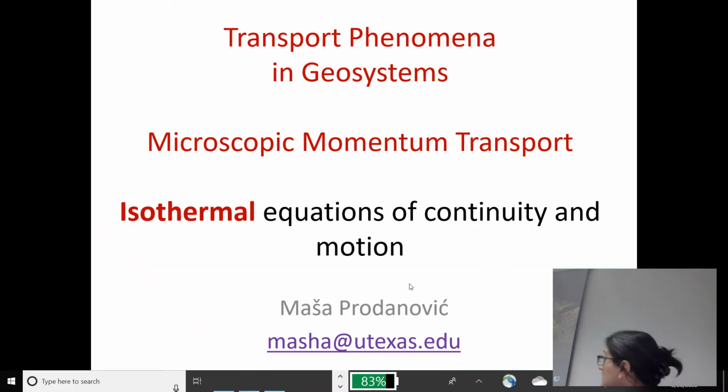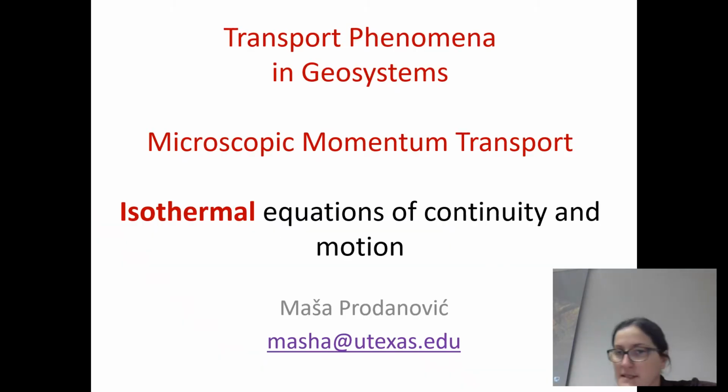The title is Isothermal Equations of Continuity and Motion. Equation of continuity is a code name for mass balance. Equation of motion is essentially momentum balance, or, as the case might be, imbalance, but we will have an equation that accounts for it.